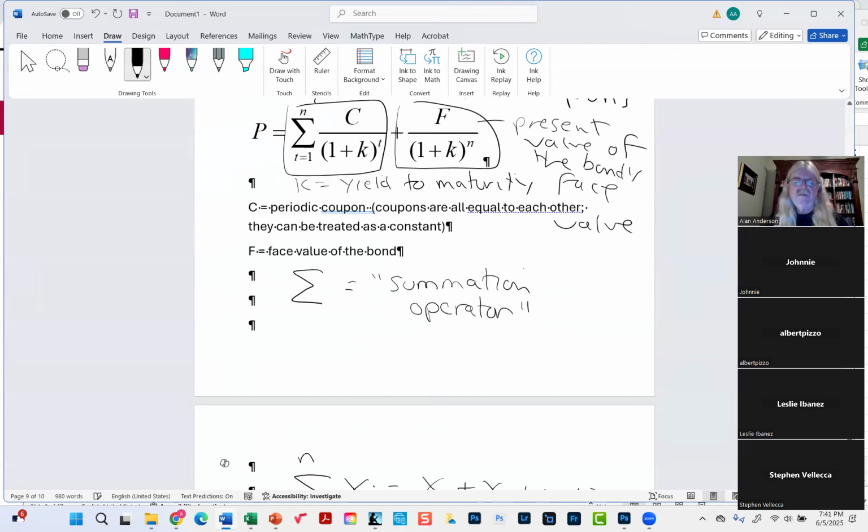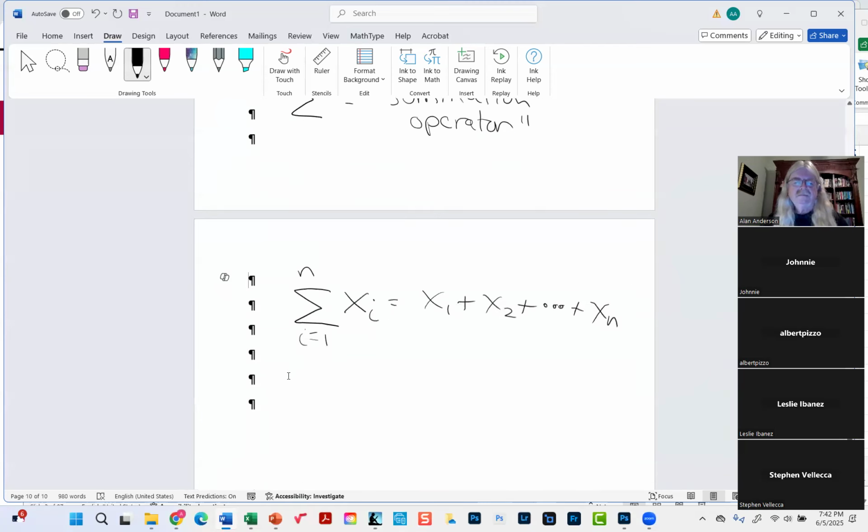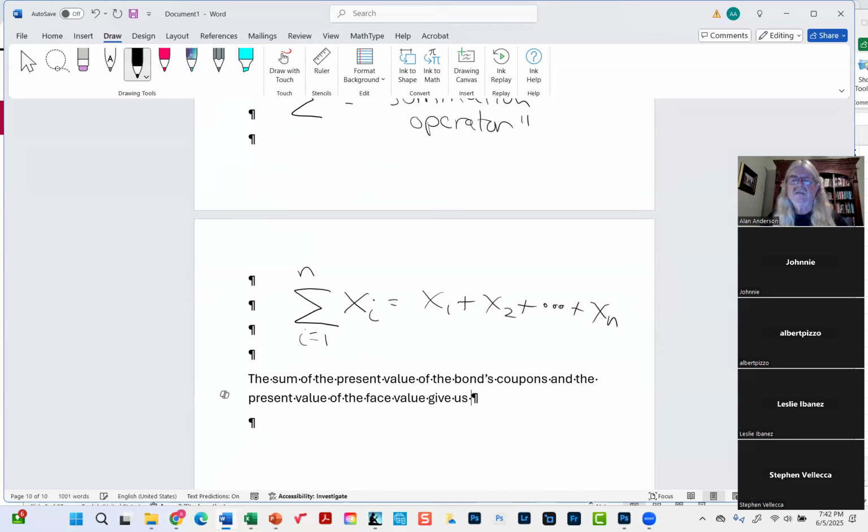So the sum of the present values of the bond's coupons and the present value of face value give us the bond's price. Okay, so we already did that in Excel.